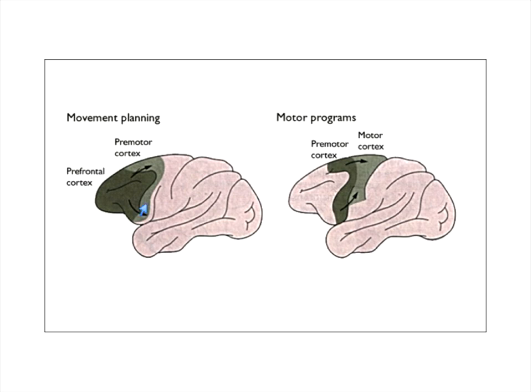So here is your premotor cortex. And right there was your motor cortex. Motor cortex, premotor cortex. So here is the planning part of your brain, the frontal lobe.